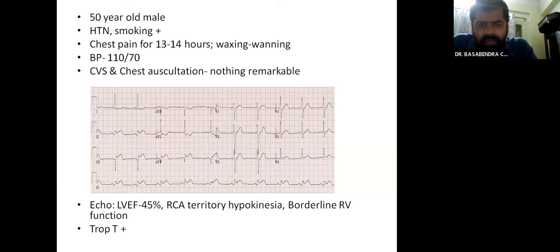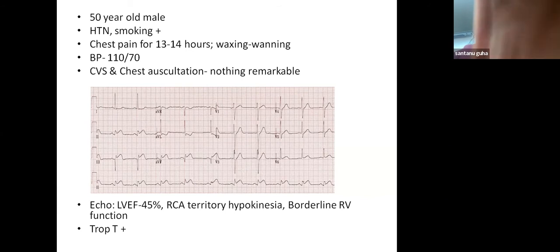But since the lateral leads, 1 and AVL, especially AVL, are showing ST depression, we thought RCA involvement was more likely. RCA involvement is definitely there, but you say there is borderline RV function.